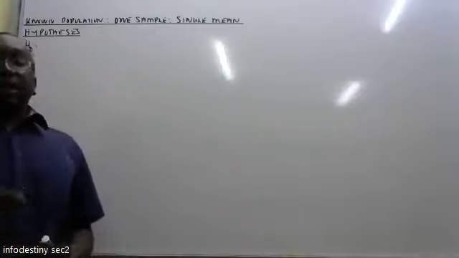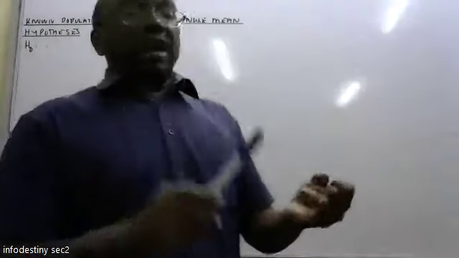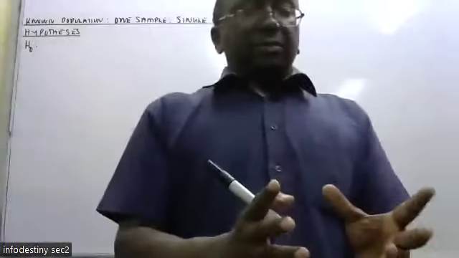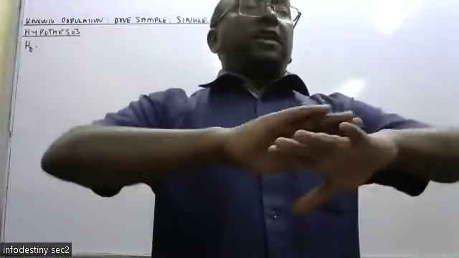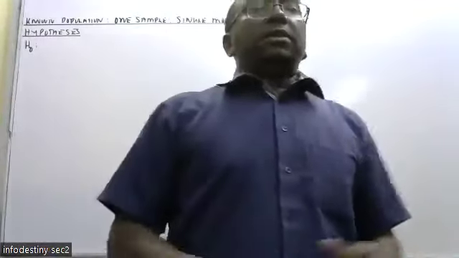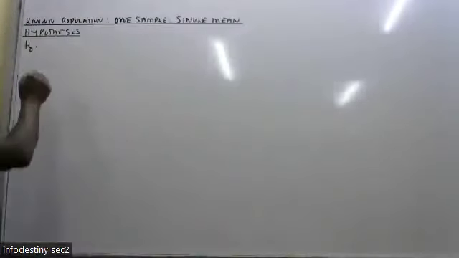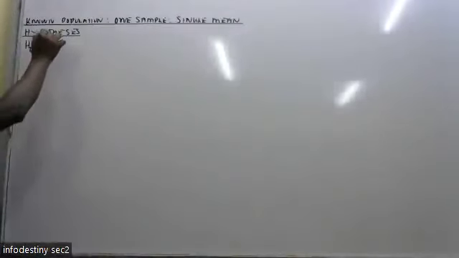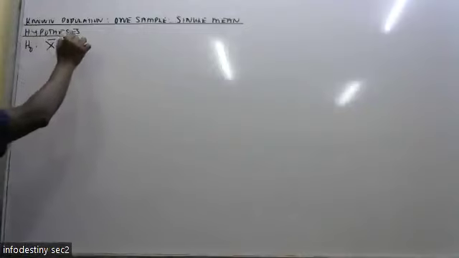So if you say that the machine has not drifted, then you are telling us that what we have seen in the sample, the few items we have taken, is what we will find with everyone else. So in simple terms, we are saying that X bar, which is the mean for the sample, is the same thing as mu.